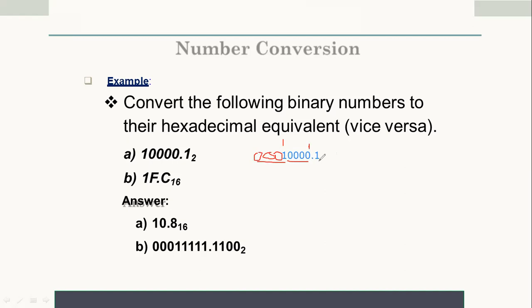Okay, ma. Next, in the fractional part, only one bit will be there. So the 3 digits will be taken as zeros.